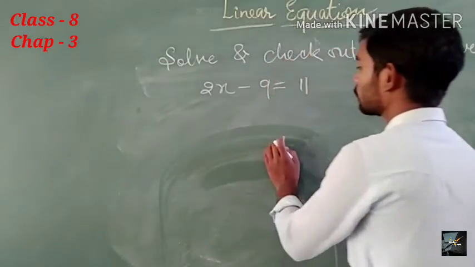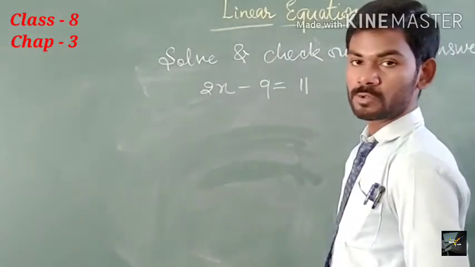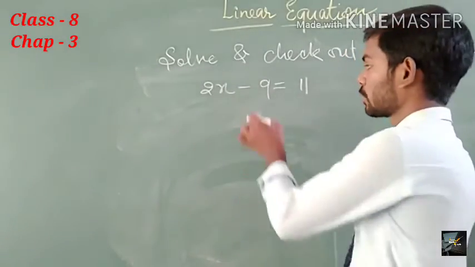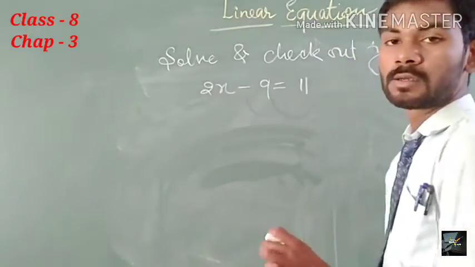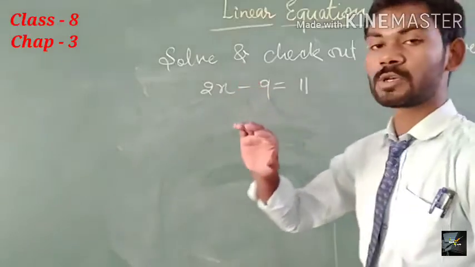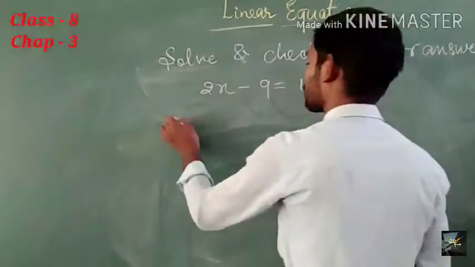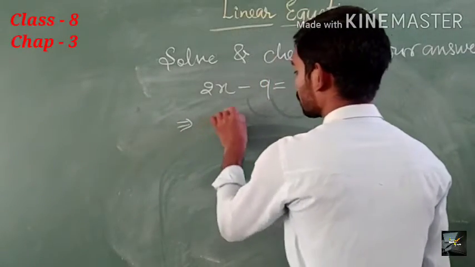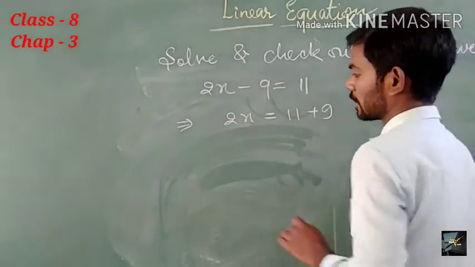Since in this equation we can see that 9 is subtracted from 2x, when minus 9 is transferred to the right side, the sign is reversed and we get plus 9. So in the next step we write 2x equal to 11 plus 9.